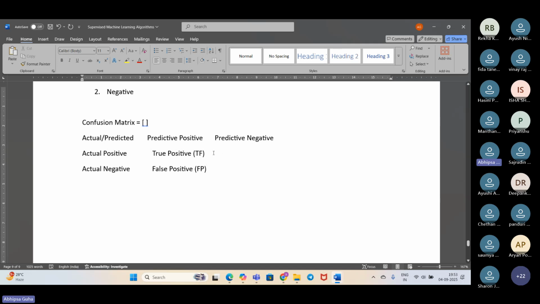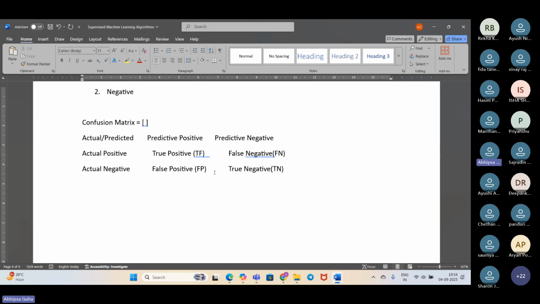For the negative prediction, we take false negative, that is FN. And further it will check for true negative. So this is what is there in the confusion matrix.